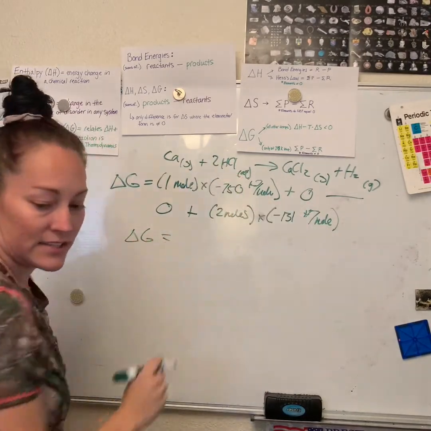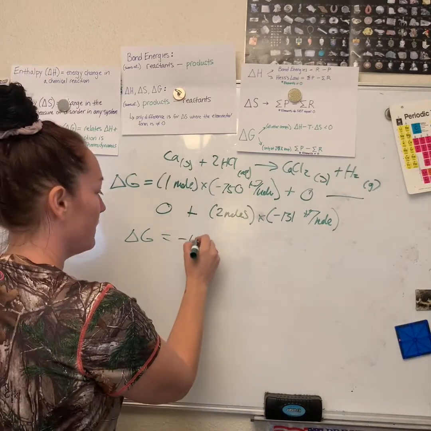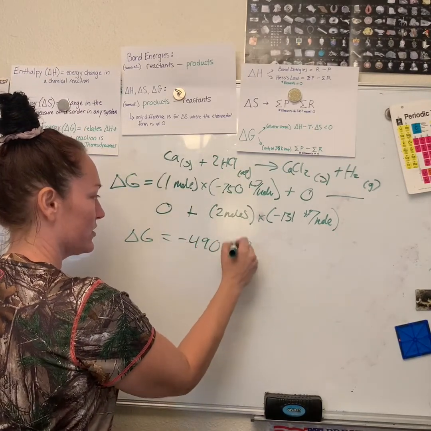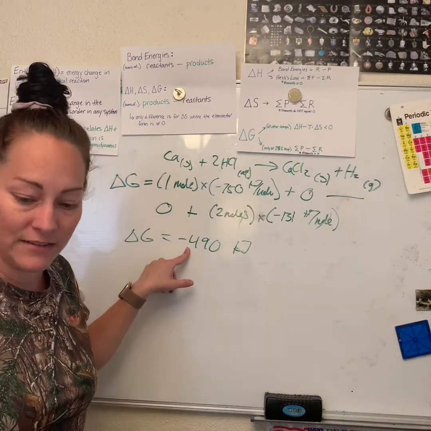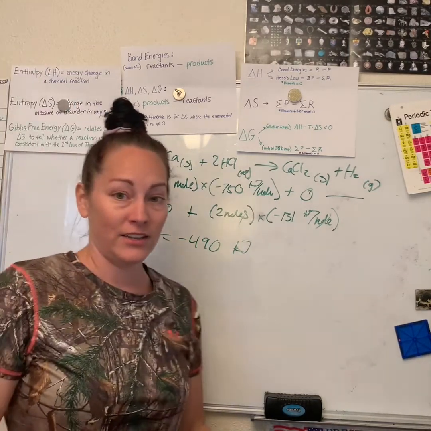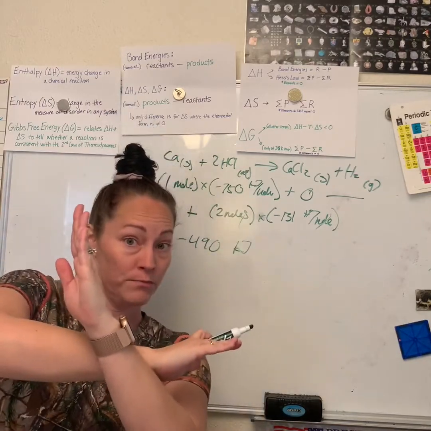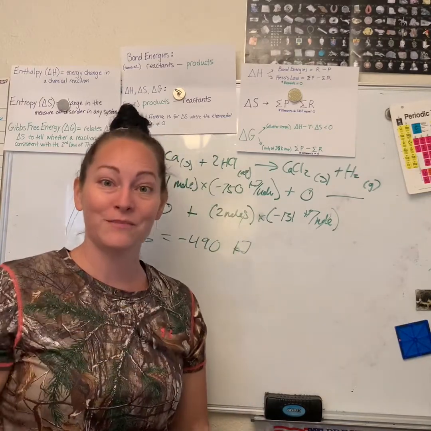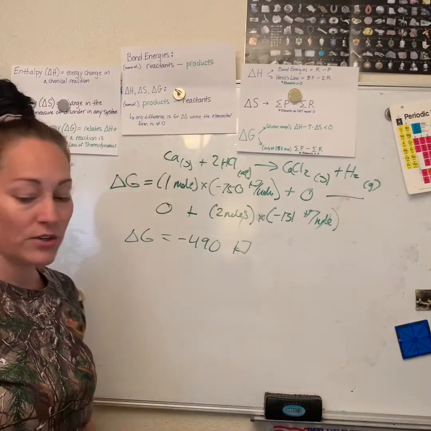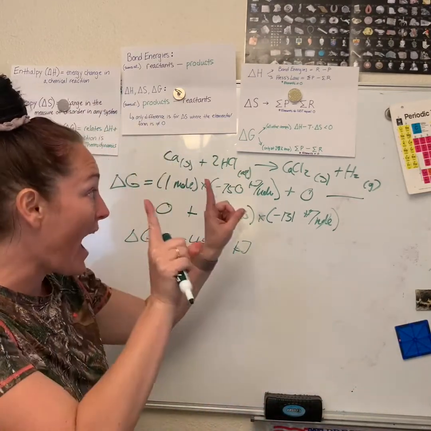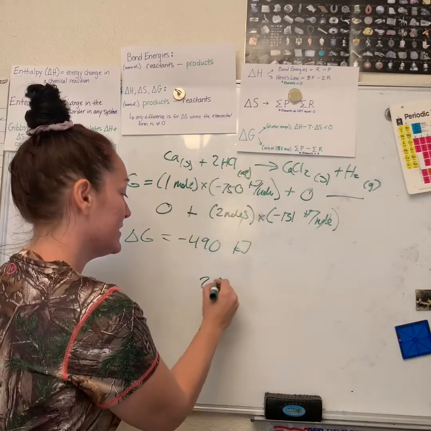That's going to get us negative 490 kilojoules because our moles cancel. Okay, if this is a negative number, remember positive numbers mean nope, not spontaneous. Negative numbers mean spontaneous. Good. They don't go against the second law of thermodynamics. So this one is spontaneous only at that temperature.